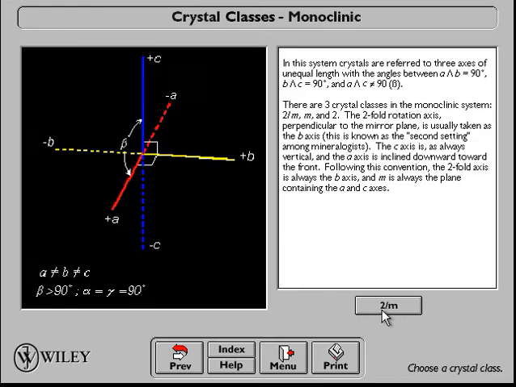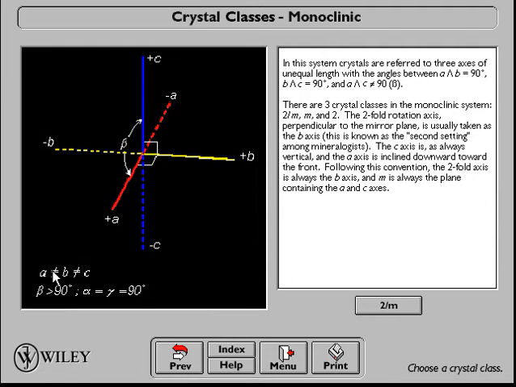So now at first we will start here. In this system, crystals are referred to 3 axes of unequal lengths with the angles between alpha and beta, alpha and gamma being 90 degrees, but beta is bigger than 90 degrees.